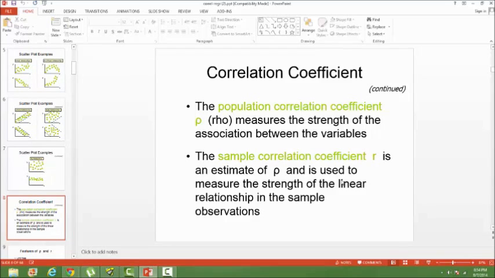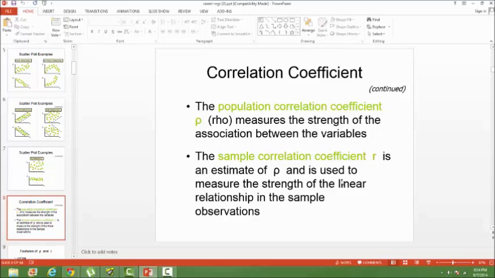So the correlation coefficient is the statistic that is used to measure the strength of association between two variables. Generally it is denoted by r and rho. If we are using a sample, then it is denoted as rho, and if we are computing the correlation of a population, then we denote it as r.